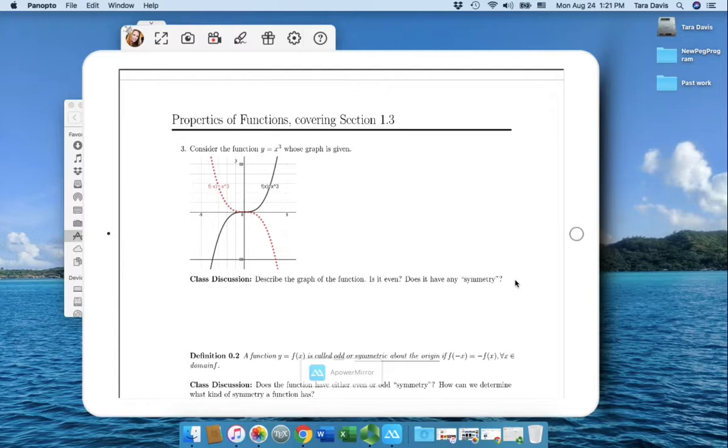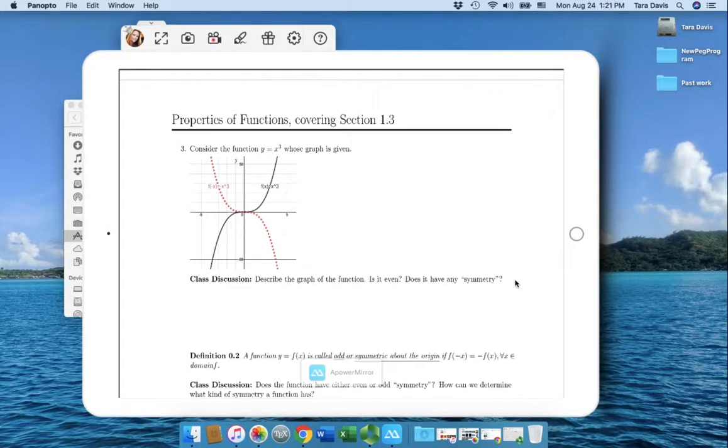If it was even, that would mean that f of x would equal f of minus x. And you are also given the graph of f of minus x, which simplifies to negative x cubed, in the dotted red line.